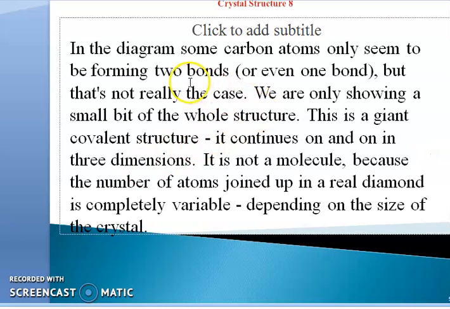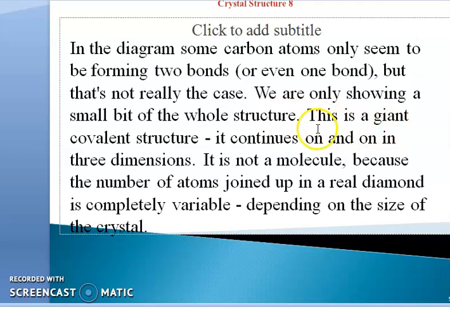In the diagram, some carbon atoms seem to be forming only 2 bonds, or even 1 bond. But that's not really the case. We are only showing a small bit of the whole structure. The entire structure it is impossible to show you.